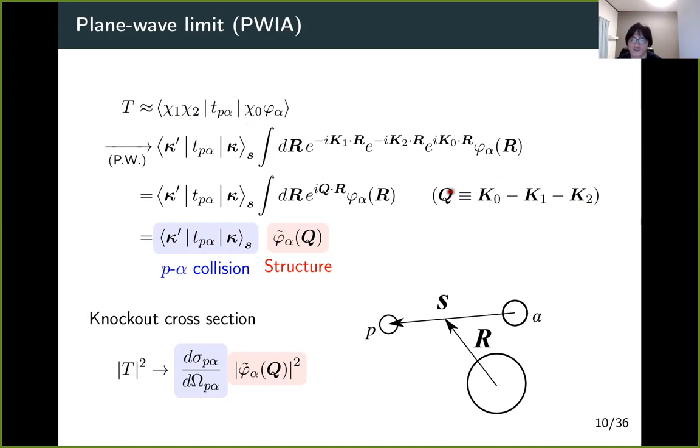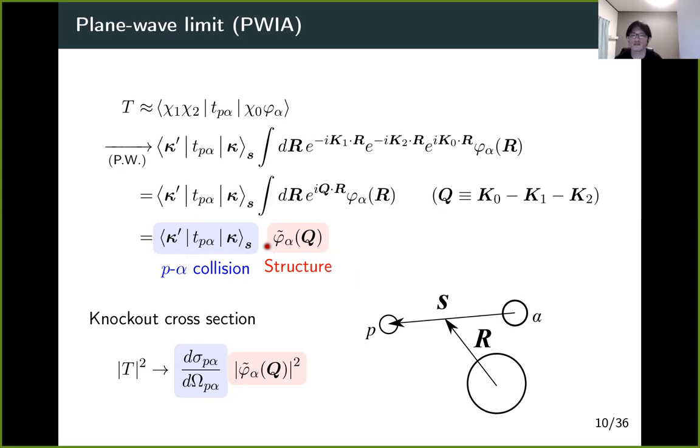So this Q is the conjugate momentum of this coordinate R. Finally, this gives the Fourier transform of the cluster wave function. So it's very simple. This s part gives the proton-alpha little t, the 2-body T matrix, and the structure part, this capital R part, gives the Fourier transform of the cluster wave function.